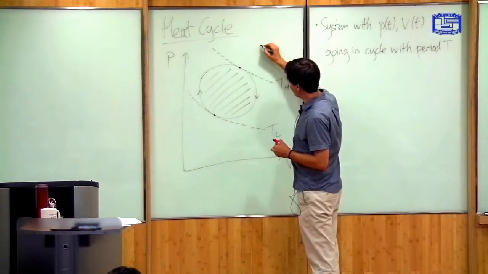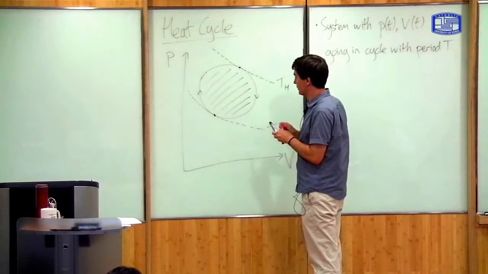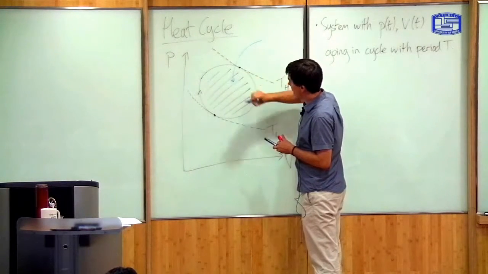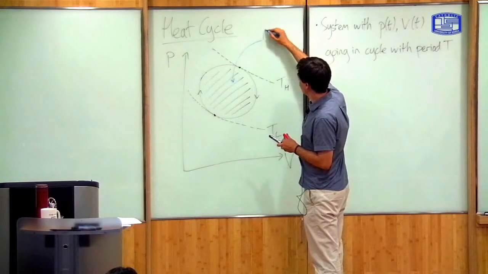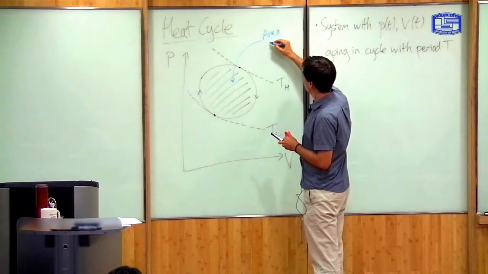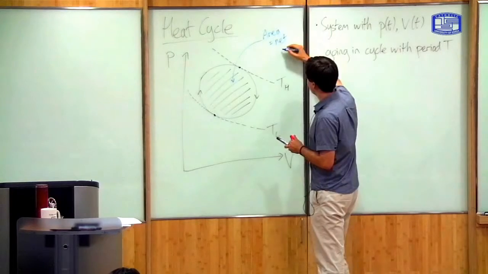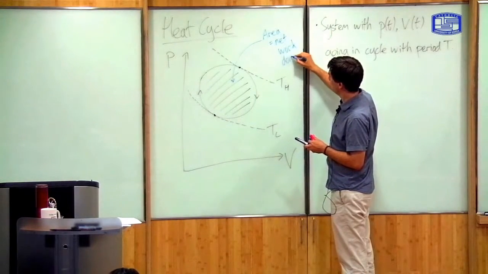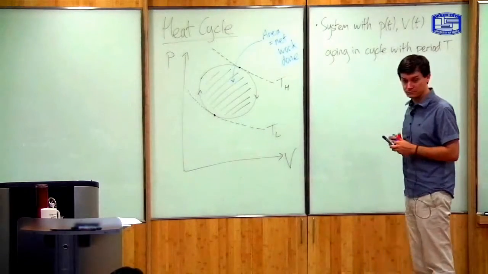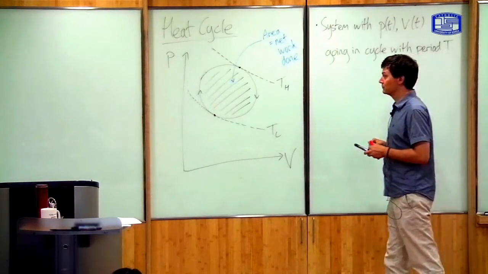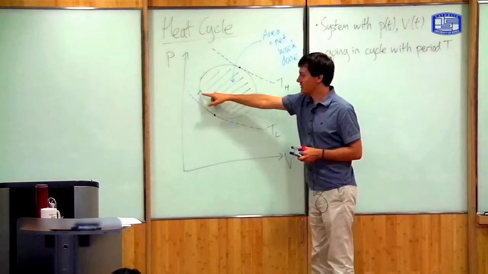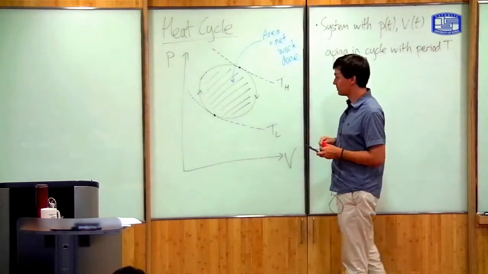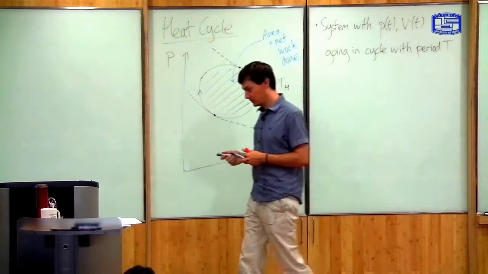So the area inside the loop here is the net work done. So from here to here, the gas is doing work. From here to there, work is being done on the gas. Okay.